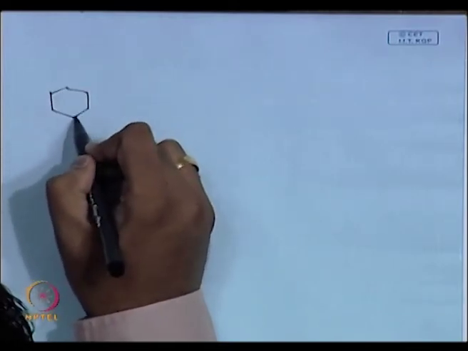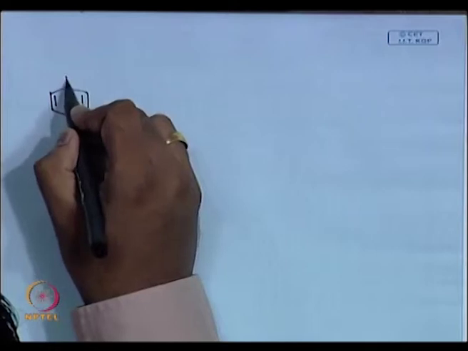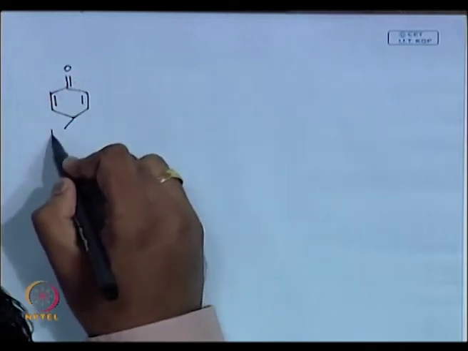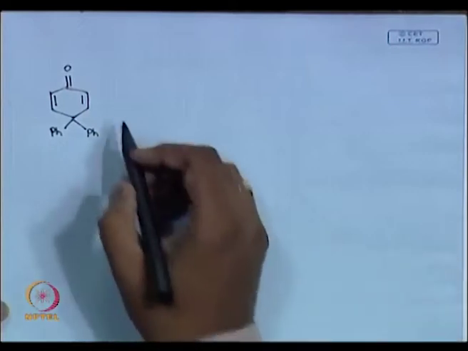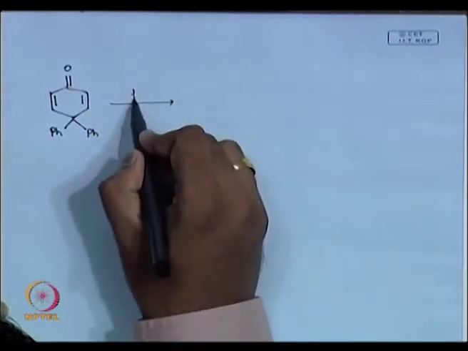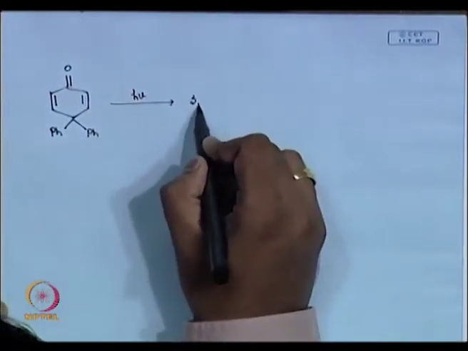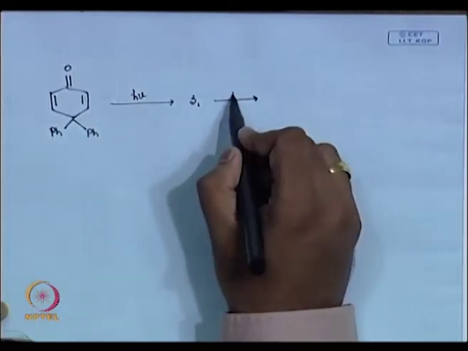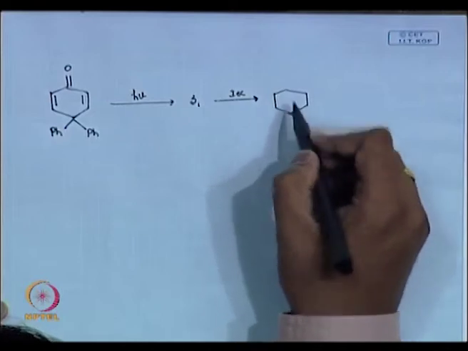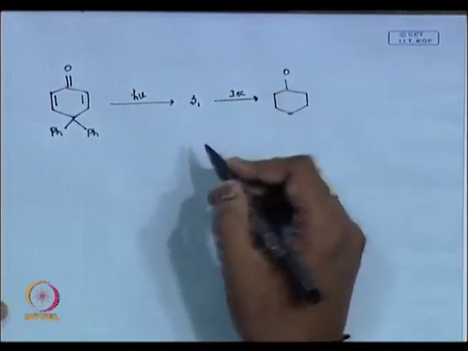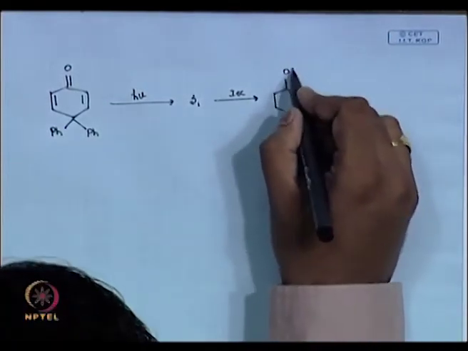So once you photolyze, you get this singlet, which undergoes intersystem crossing to give my triplet.